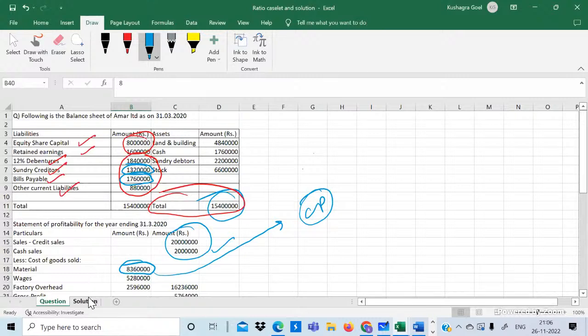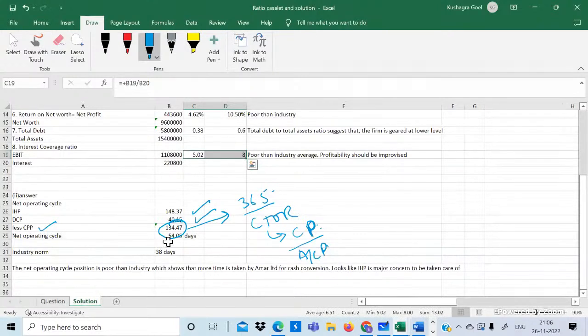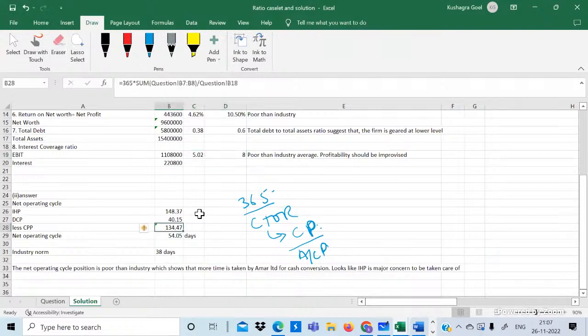You can calculate your creditors payment period. Check and see if you're getting close to 134 days, 134.47.